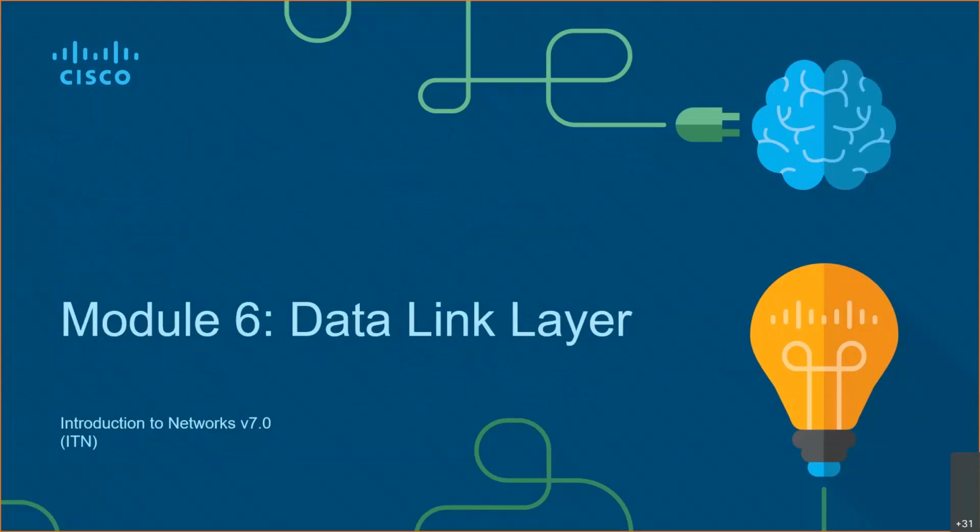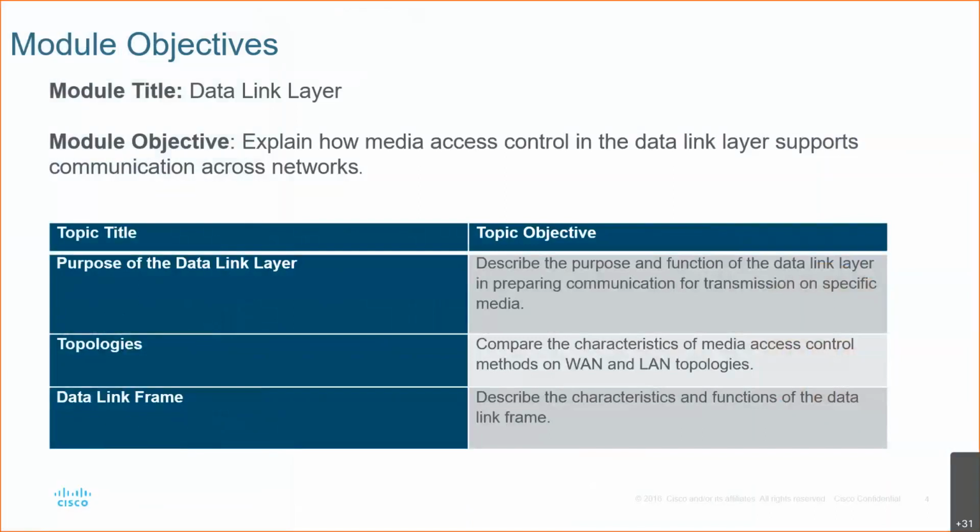You will study, I believe you have already done so, in detail about the data link layer and the physical layer in your lecture session. First of all, we'll ask the question, why do we need a data link layer? What is its purpose?